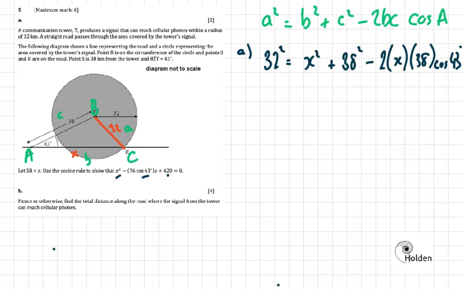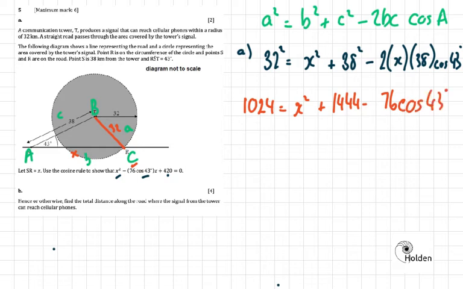That's good, so let's keep going. 32 squared is 1024. That's equal to X squared, and 38 squared is 1444, and then 2 times 38 is 76, so we've got negative 76 X cos of 43. We're on our way.